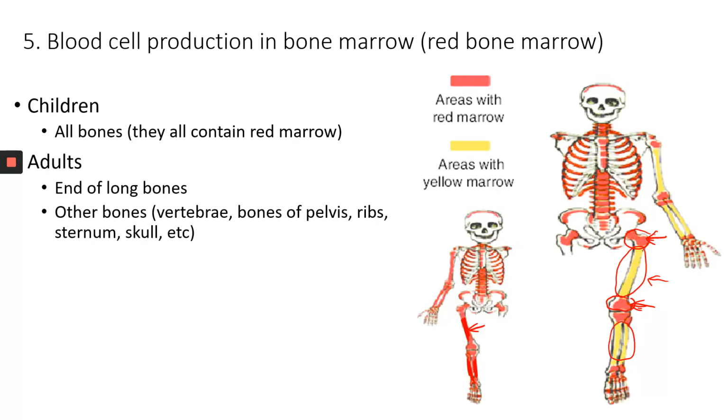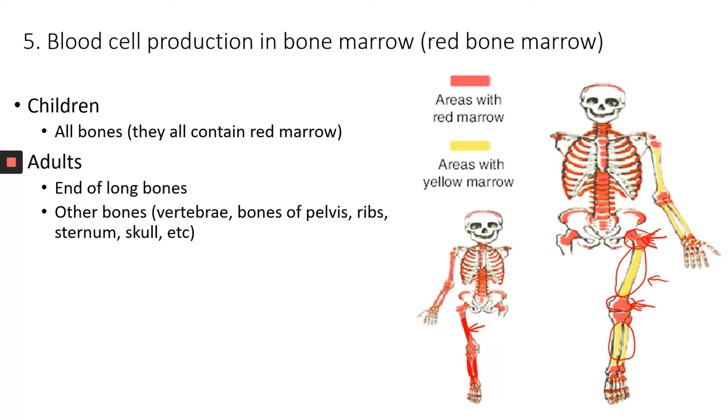All right. Now, in adults, most of the red marrow has been replaced by yellow marrow in long bones, but they can still make blood, right, with the red marrow at the ends. But now the sites for active hematopoiesis have kind of shifted.